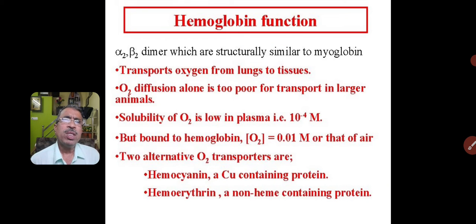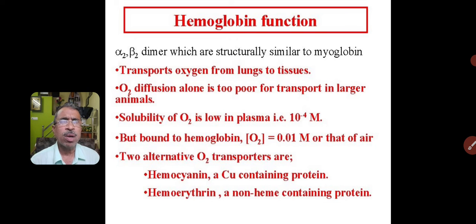Now coming to how hemoglobin functions. The hemoglobin transports oxygen from lungs to tissues. Oxygen diffusion alone is too poor for transport in larger animals. Solubility of oxygen is low in plasma, that is 10 raised to minus 4 molar concentration.